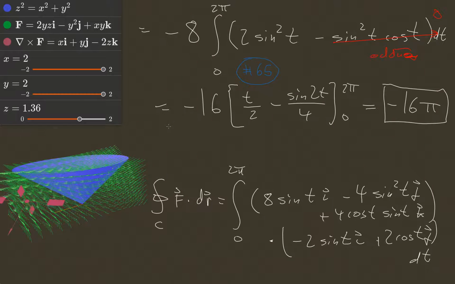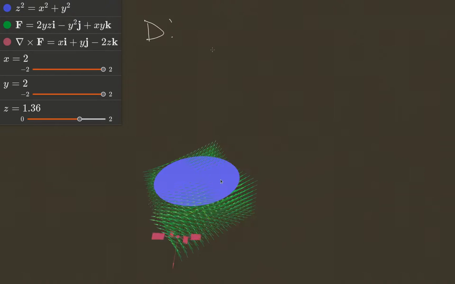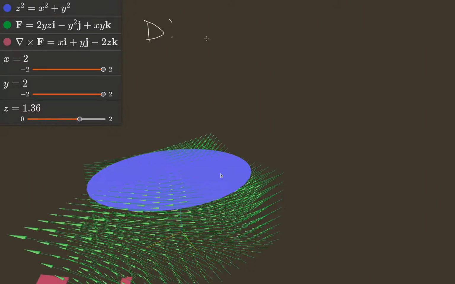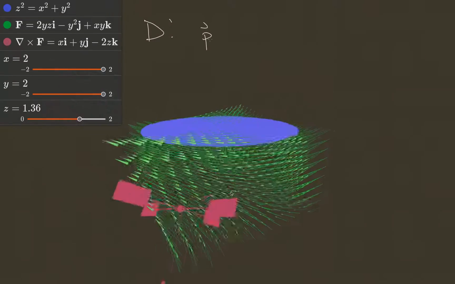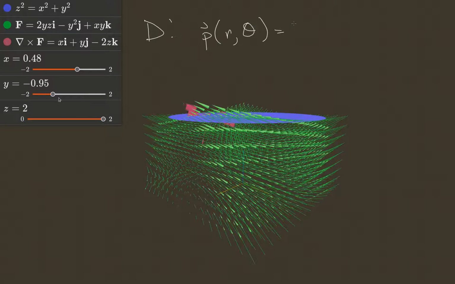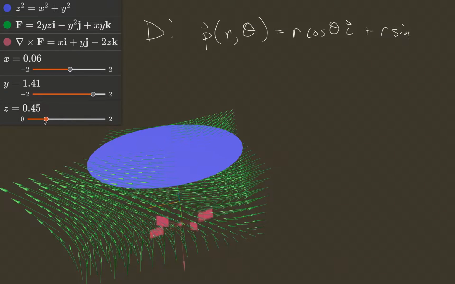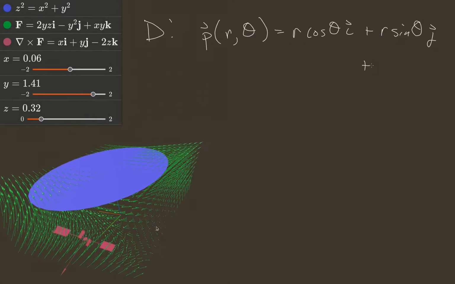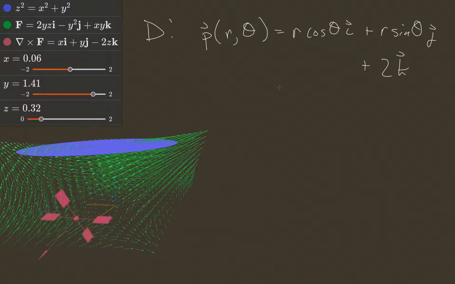So let's also consider, instead of the cone, just the disk D. This will be parameterized by P of r, theta equals r cos theta i plus r sine theta j plus 2k, where r again goes from 0 to 2.